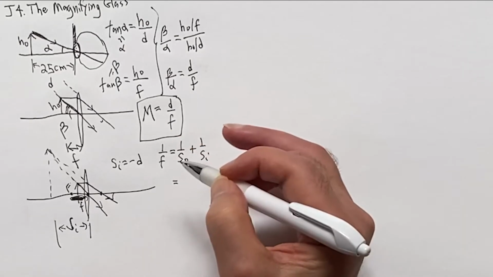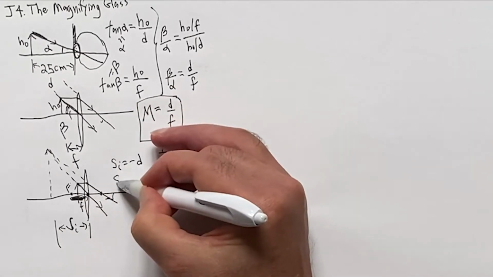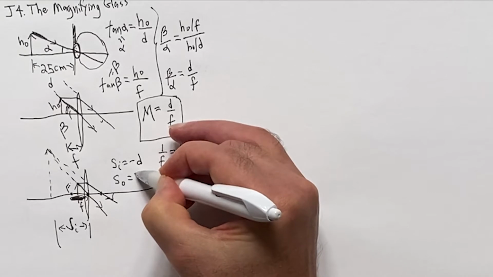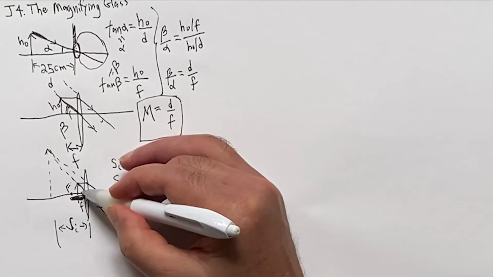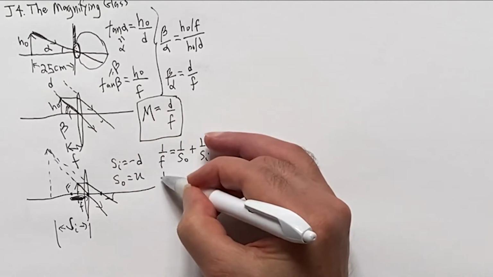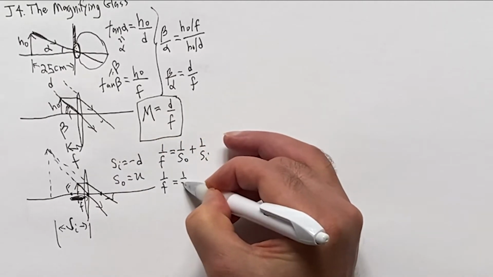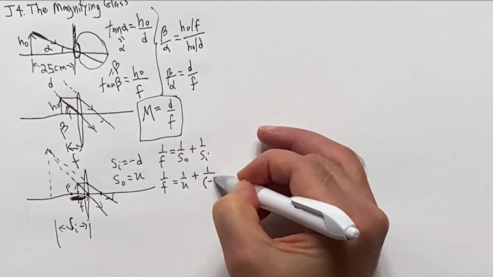In my notes, I called the distance from the lens center to the object U, so let's just keep with the notes. So this is 1 over U plus 1 over minus D.